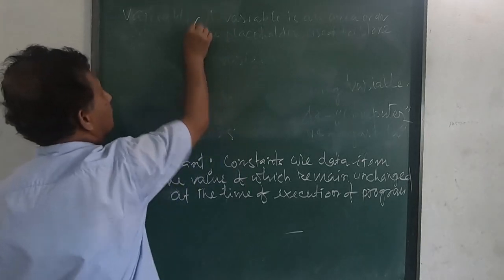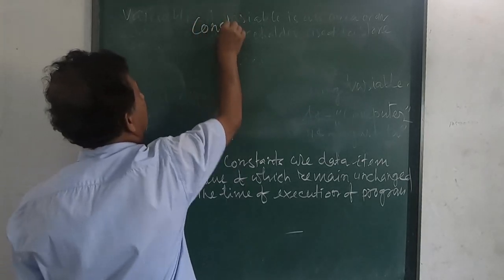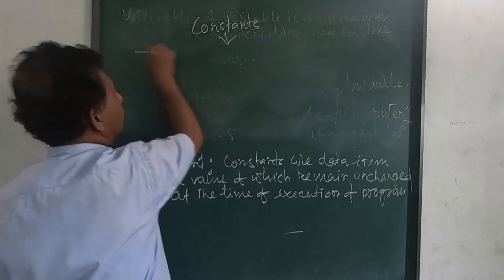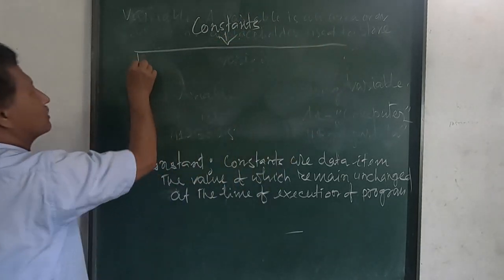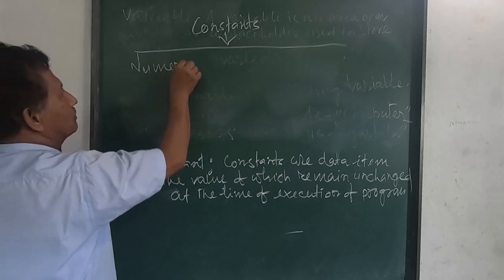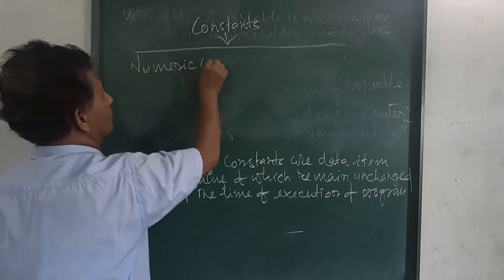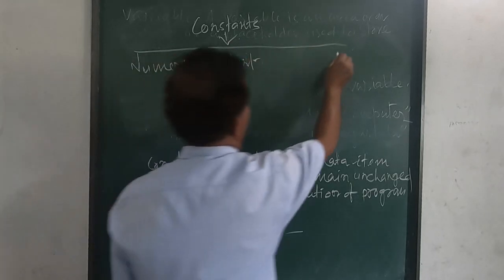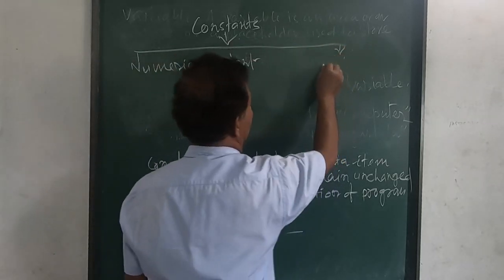Constants are of two types. One is numeric constant, and one is string constant or alphanumeric constant.